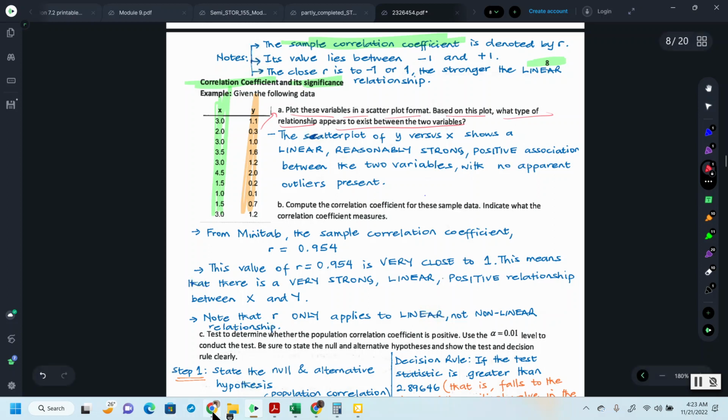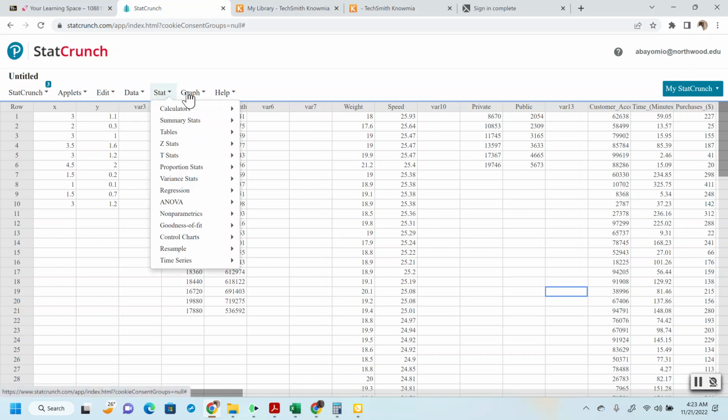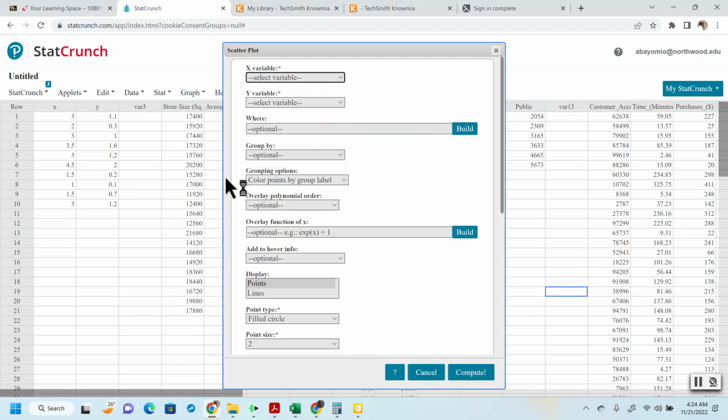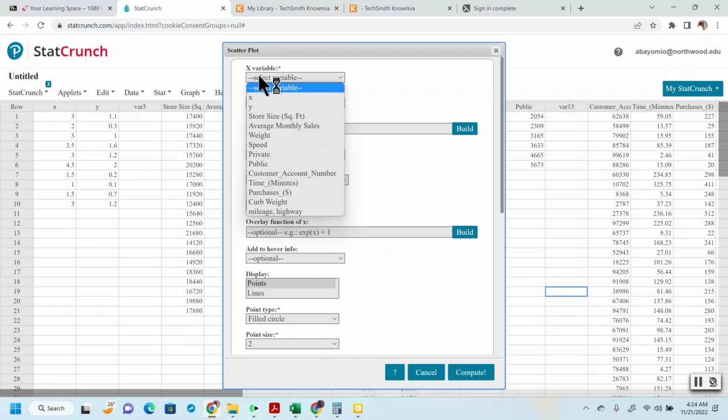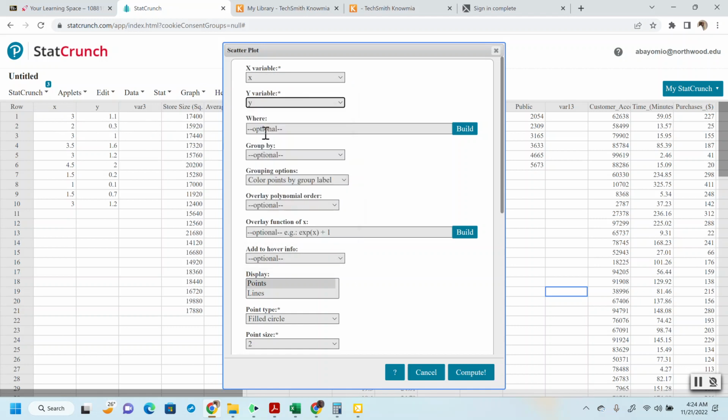We'll go to StatCrunch, and I'm going to look at my x and my y variable. And I'll go to Graph, go to Scatter Plot, and when I get in here, I'm going to select my x variable, which is going to be x. And my y variable would be the y variable here, just for the sake of easy illustration.